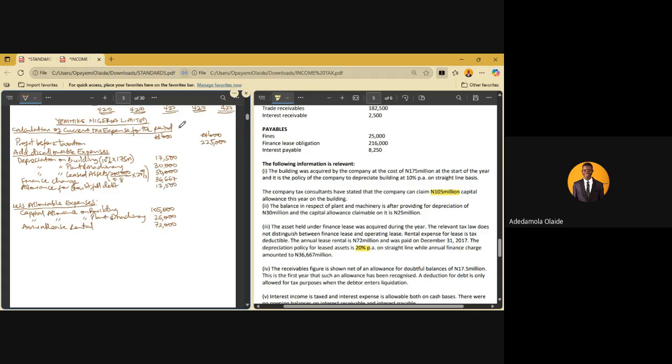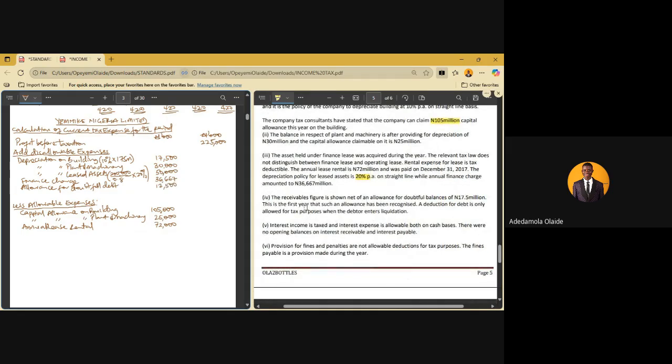But it is easier because they told us this is the first year such an allowance is created. If this were not the first year, what we would have done is take the allowance deducted from receivables at the end of the year minus the allowance at the beginning of the year, because that is what they would have taken to their SOPL.